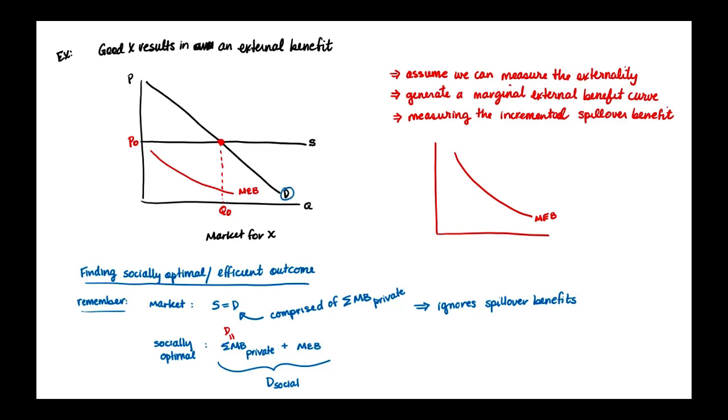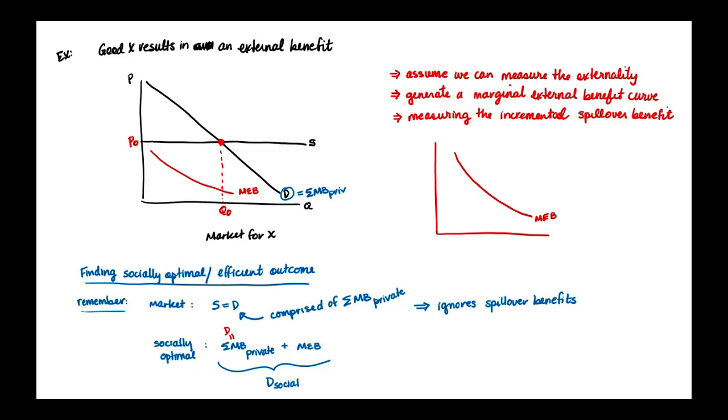Private marginal benefits are what a demand curve is. You need to intuitively understand that a demand curve captures people's private marginal benefits, their private willingness to pay. So guys, can we generate a social demand curve?